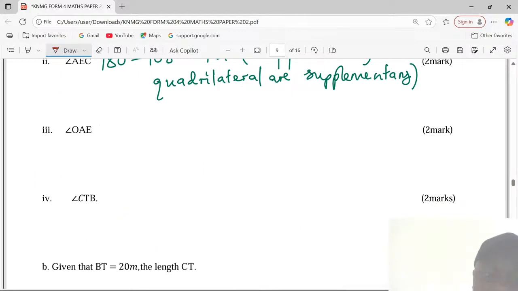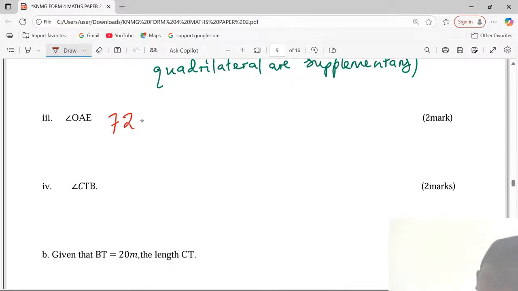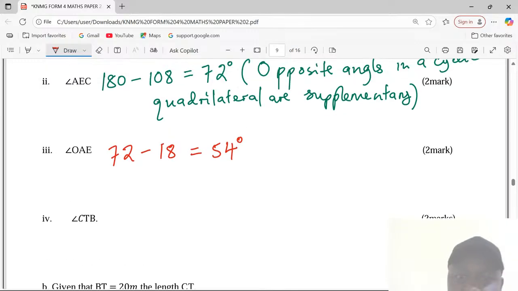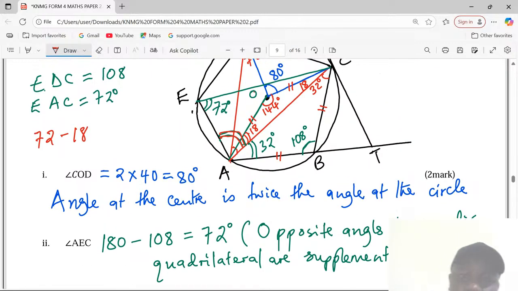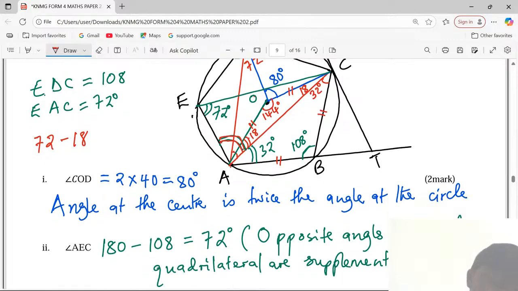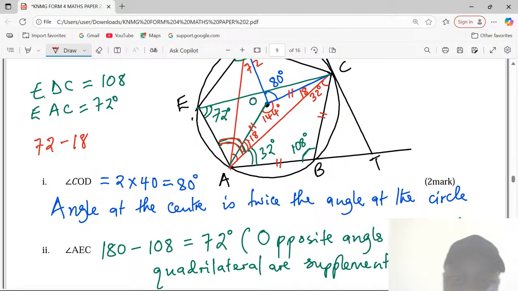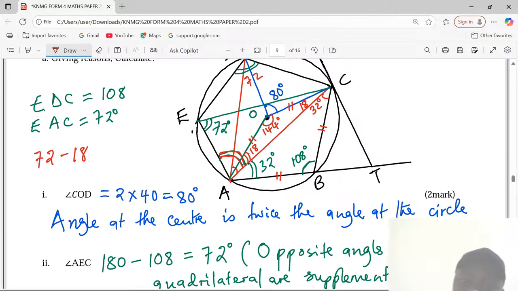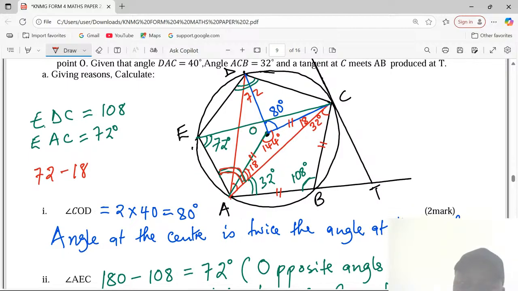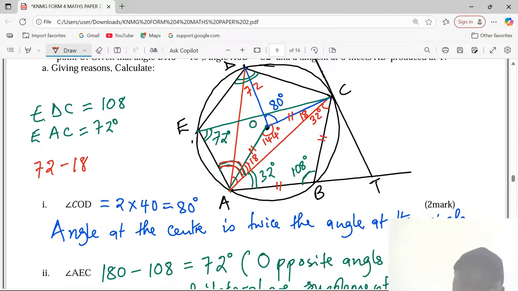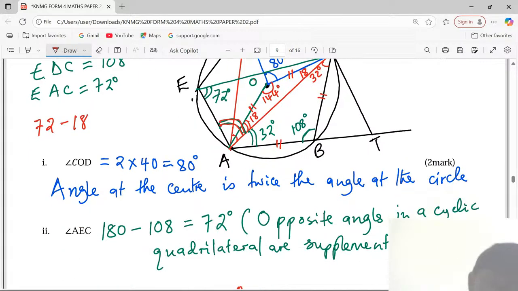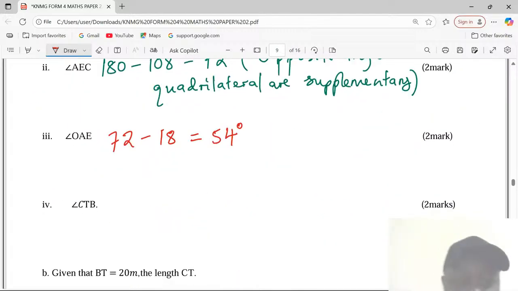So 72 minus 18 gives us 54 degrees. You should be able to understand that concept. Very simple, very easy to understand.